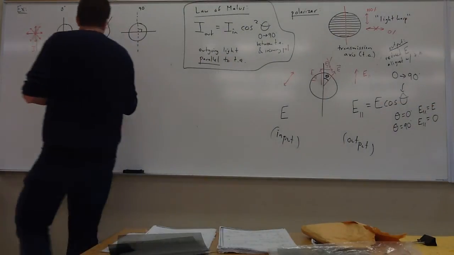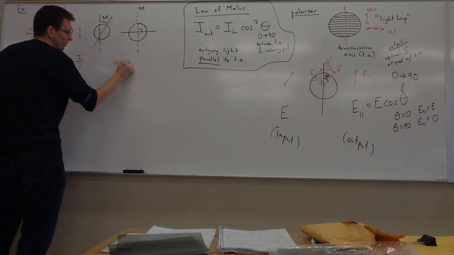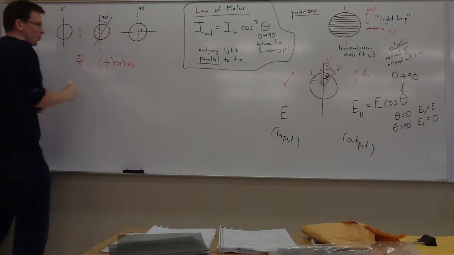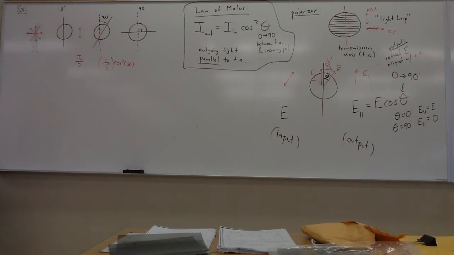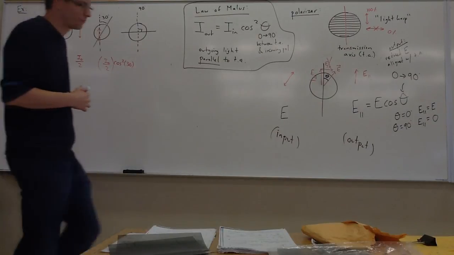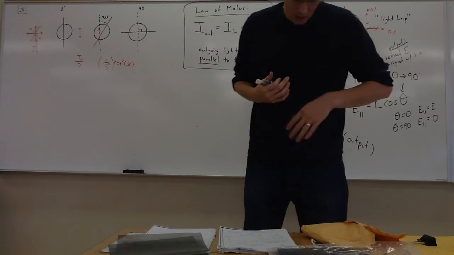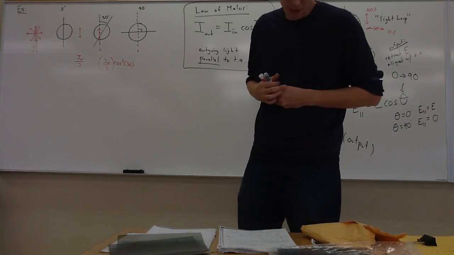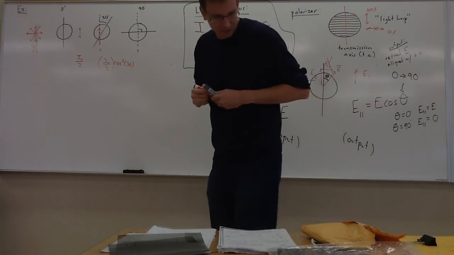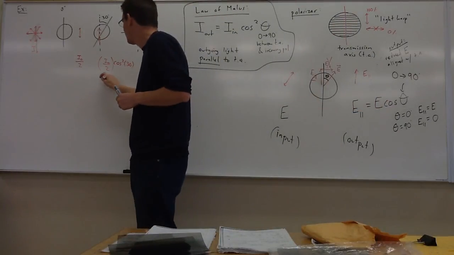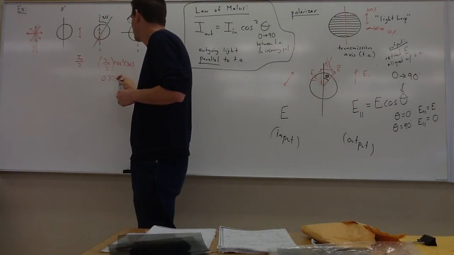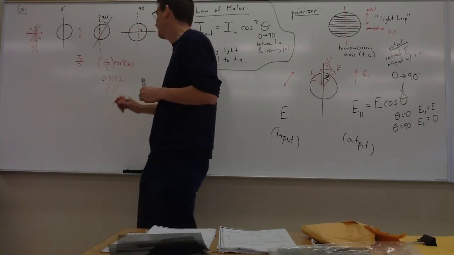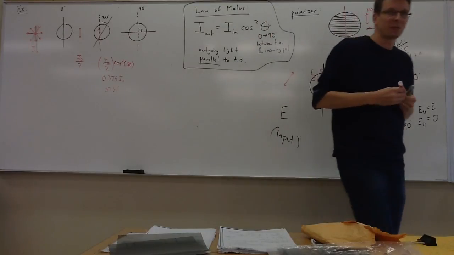So we put in cosine squared of 30 as the reduction of what went in, which was already half of the original. Which, by the way, if you compute cosine squared of 30 divided by 2, that's 0.375. So at this point, we only have 37.5% left of what went in originally.